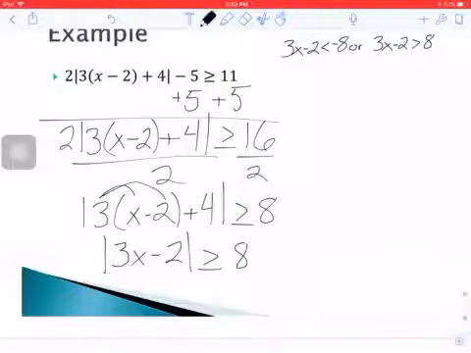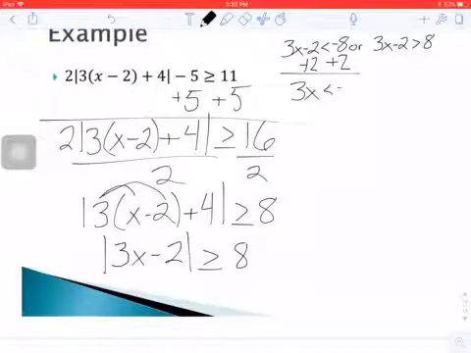So we're going to solve this thing. So I'm going to add 2 to both sides, and I'm going to do that for everything. 3x is less than negative 6, dividing both sides by 3.